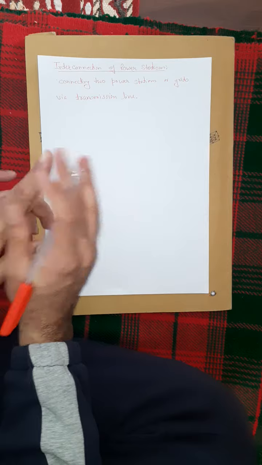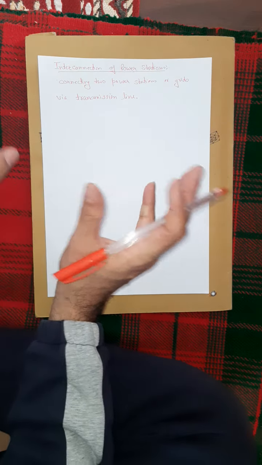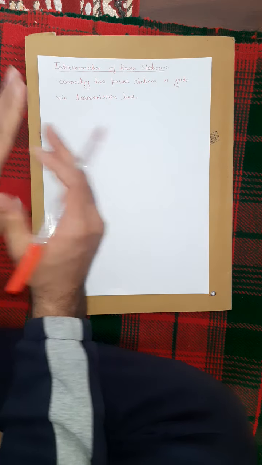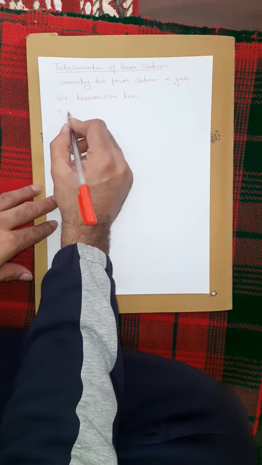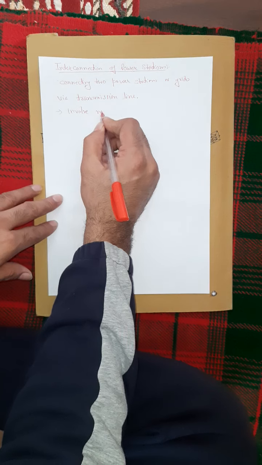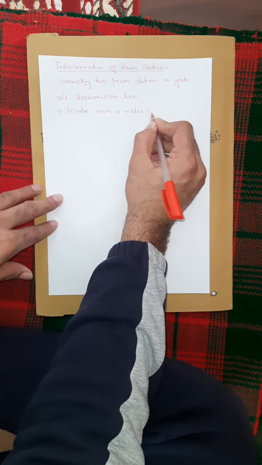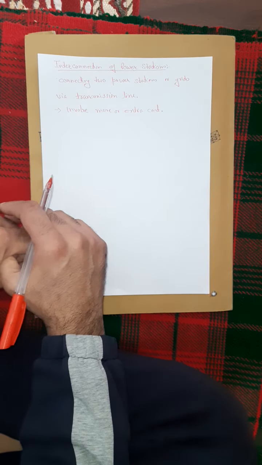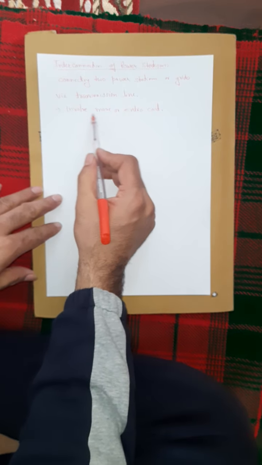Interconnection of grids involves extra cost, because for interconnecting two grids you need a transmission line to connect them. It will involve more or extra cost, but still we are interconnecting power stations at the cost of this more investment.